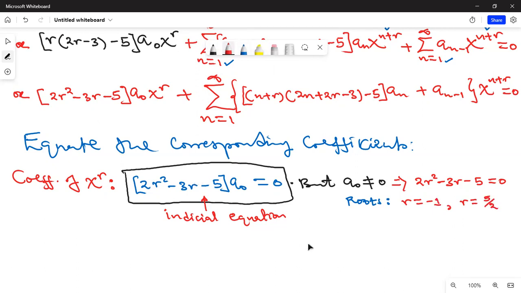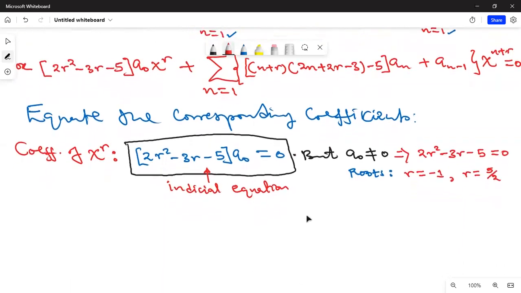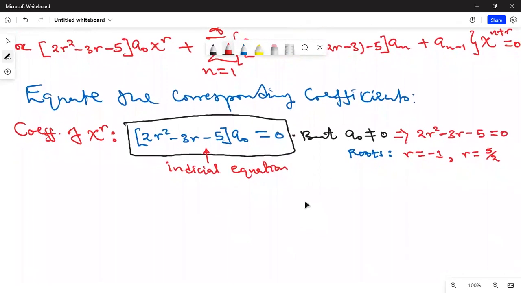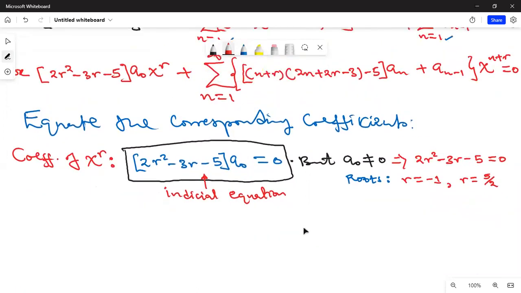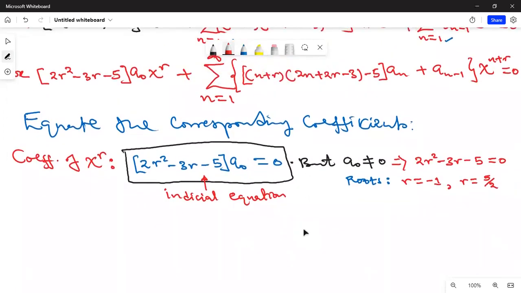Now we are done with the coefficient of x raised to r. Let's see the coefficient of x raised to n plus r. So right here, coefficient of x raised to n plus r. What are we going to get?